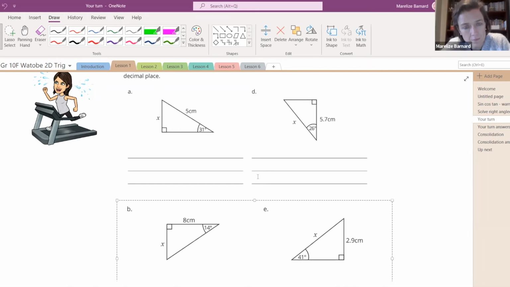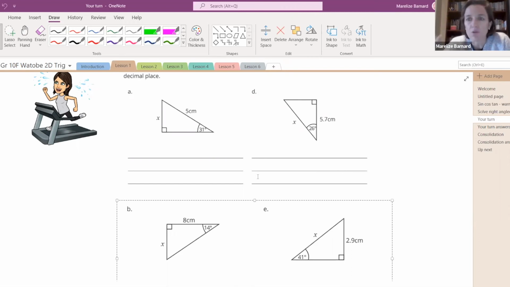I'm not sure. Okay, just remember that you're now doing sine of 31 degrees, so we're back to solving for sides. We're not going to solve for an angle. We're going to solve for a side now. So sine of 31 is opposite over hypotenuse, x over 5.